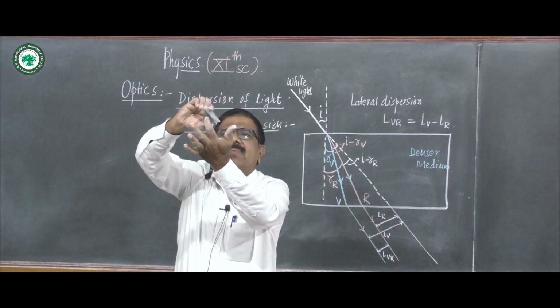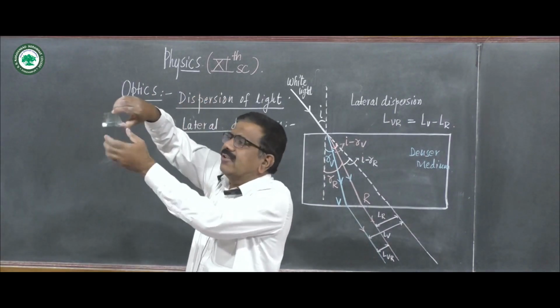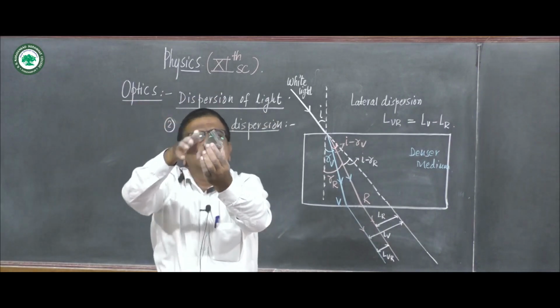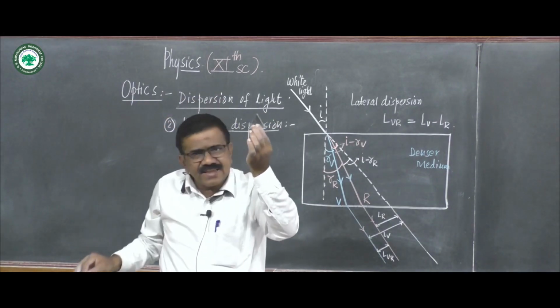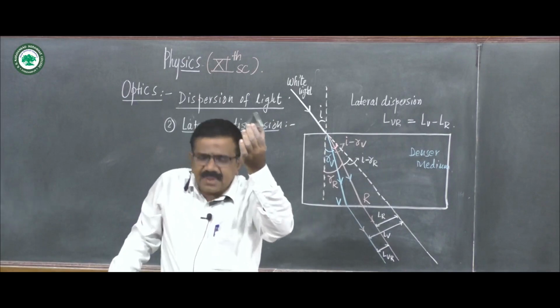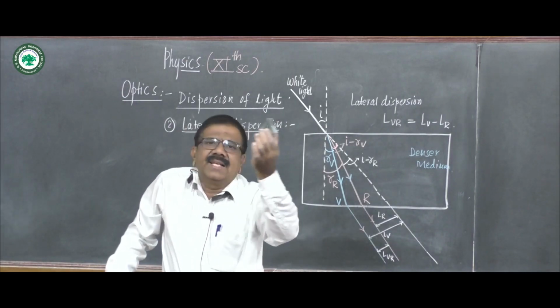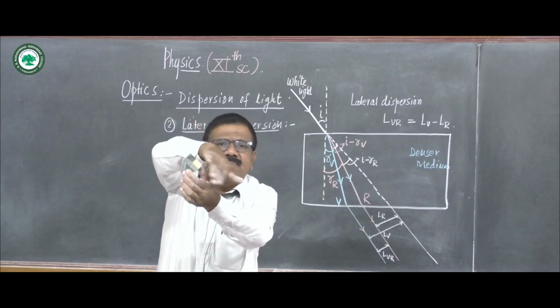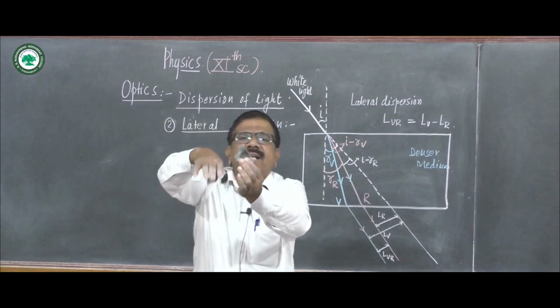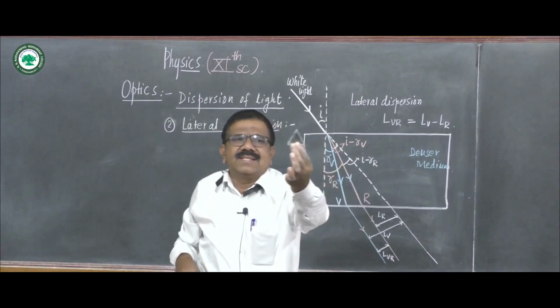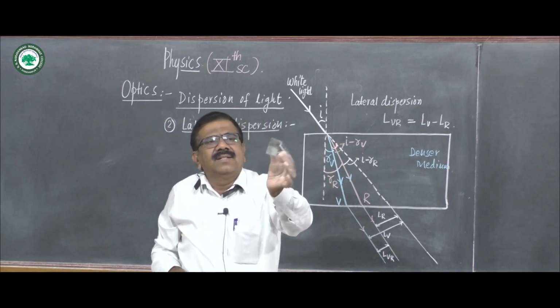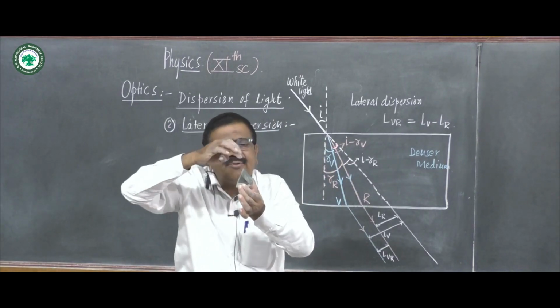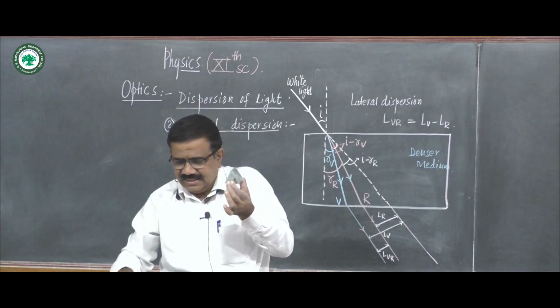This one is a triangular plane, this one is also triangular. There are 2 triangular planes and 3 rectangular planes made up of a transparent material like glass. These 2 rectangular faces are the refracting faces of the prism.